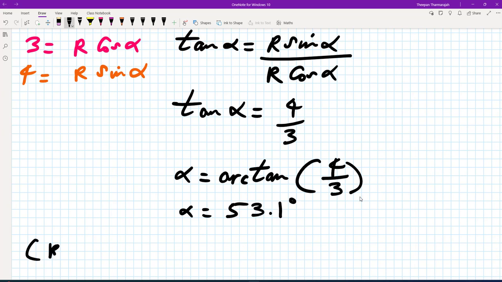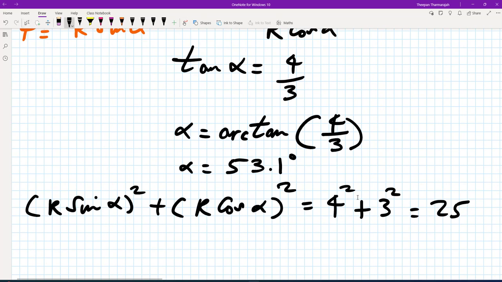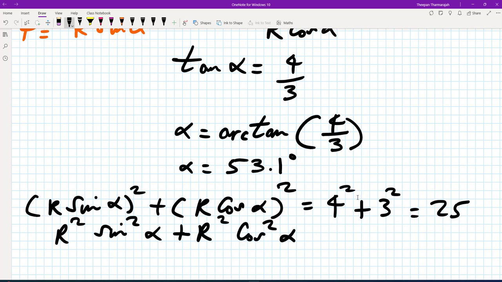Do the same as what we've always done: (r sine alpha) all squared plus (r cos alpha) all squared. In our case, it's going to be 4 squared plus 3 squared, which is 25. So it'll be r squared sine squared alpha plus r squared cos squared alpha is equal to 25.